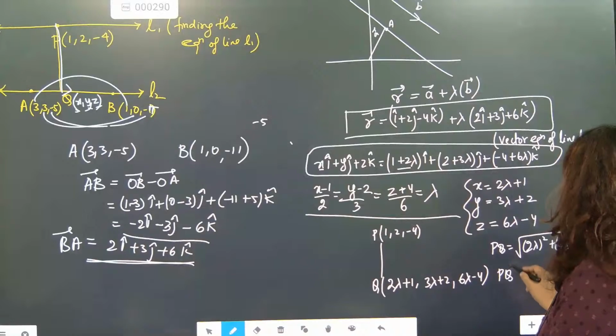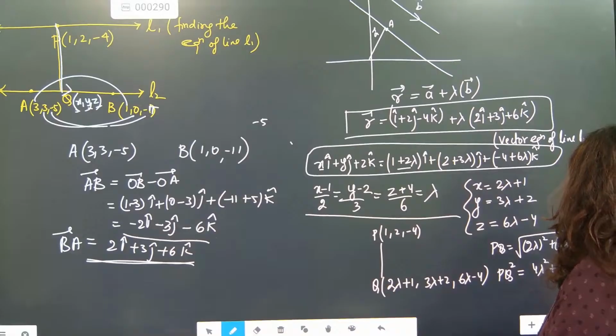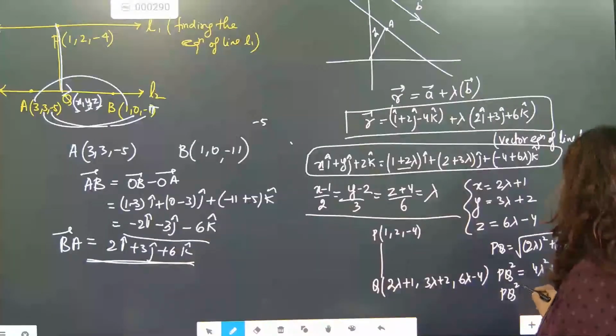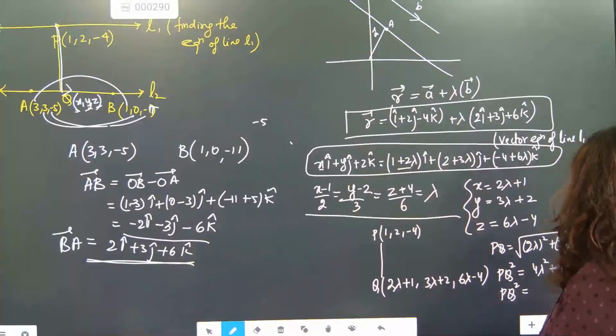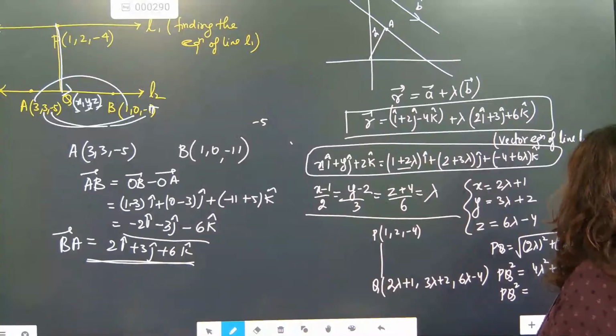That means PQ square is equal to 4 lambda square plus 9 lambda square plus 36 lambda square. So what will the PQ distance be exactly? 36 plus 9 plus 4, that is 49 lambda square.